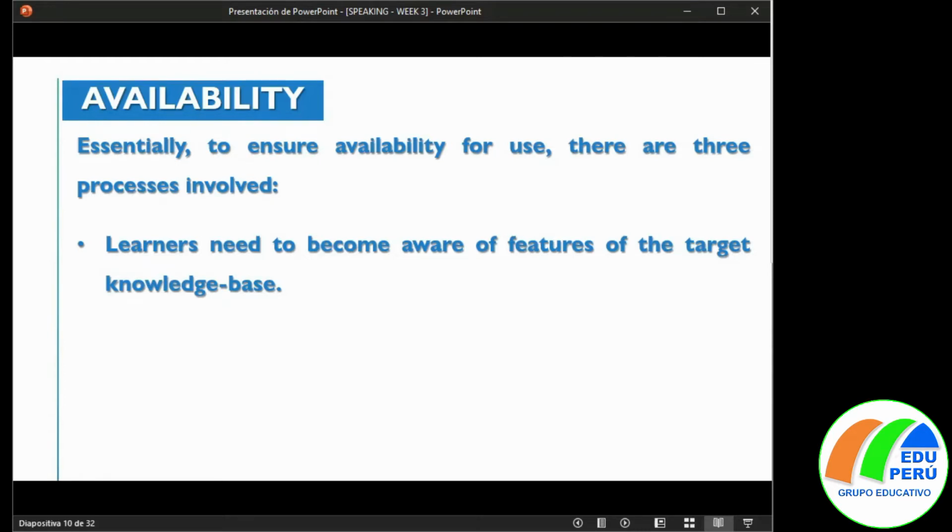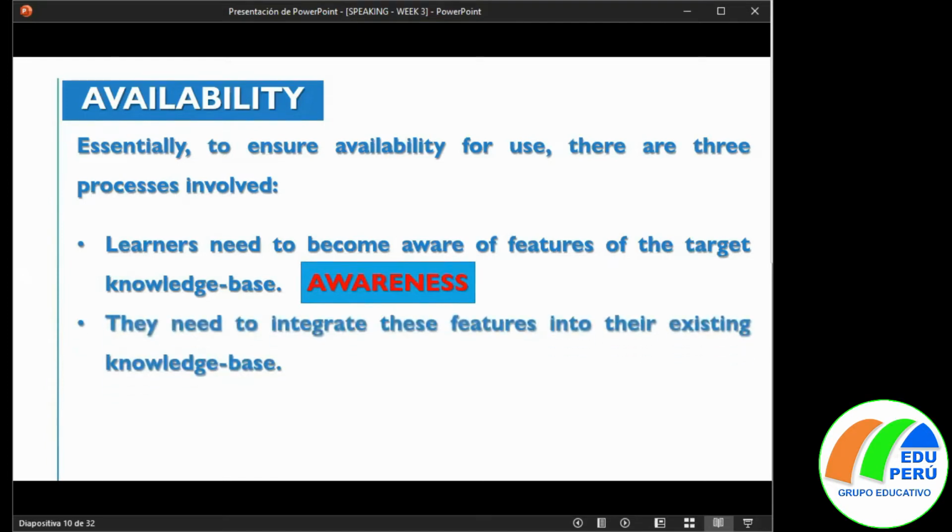Remember, features is similar to characteristics of the target knowledge base. How do we call this? Awareness. Notice this is the first process. Awareness. All right? So learners need to become aware of these characteristics of the language that they are going to use. All right? Related to the knowledge they have.